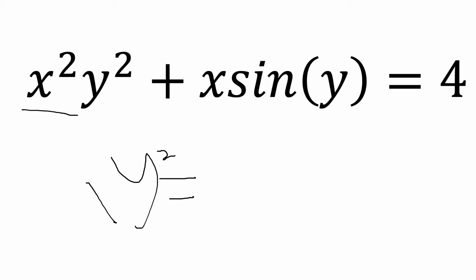So it's x squared times y squared, plus x sine of y equals 4. There's a kind of detail to it.